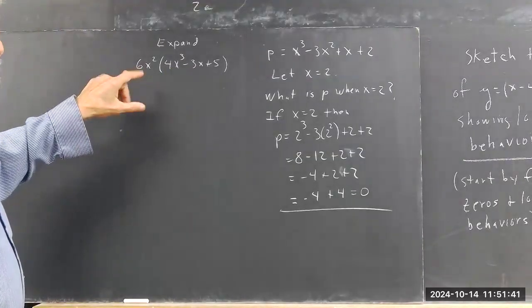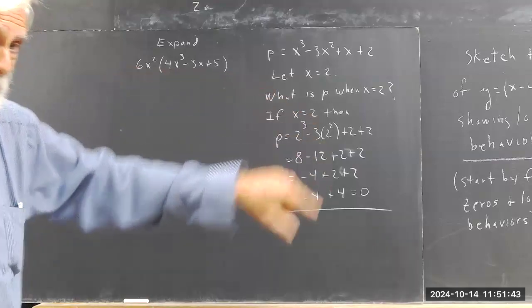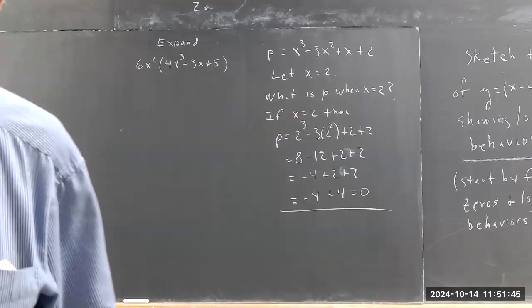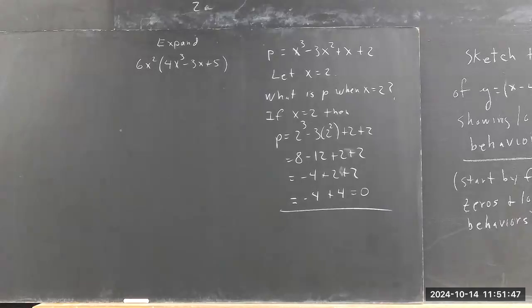That means multiply through by the 6x squared. I think you know what that means, so I'm going to let you give it a try. And if you don't, we'll explain it. Even if you do, we'll explain it because distance students also use these videos, or at least they're available. We want to explain everything for everybody.